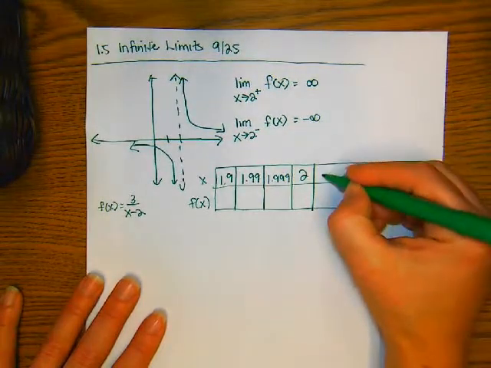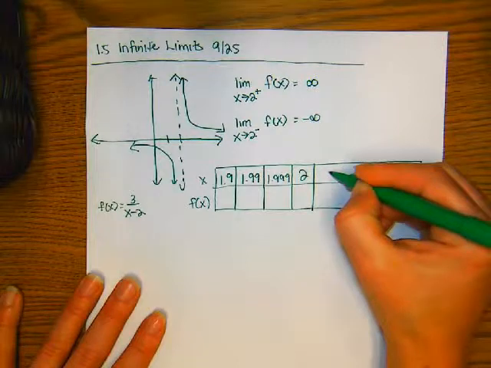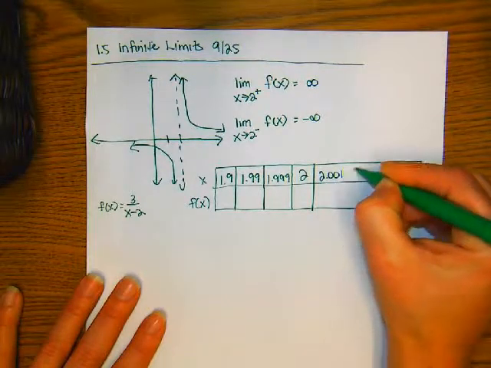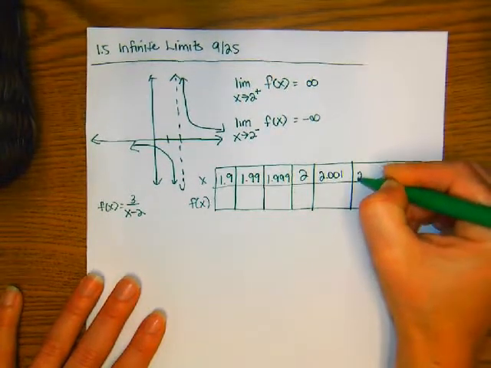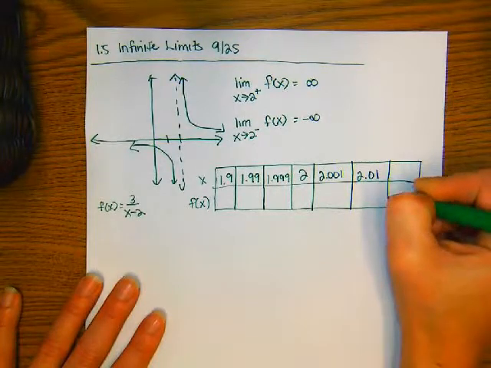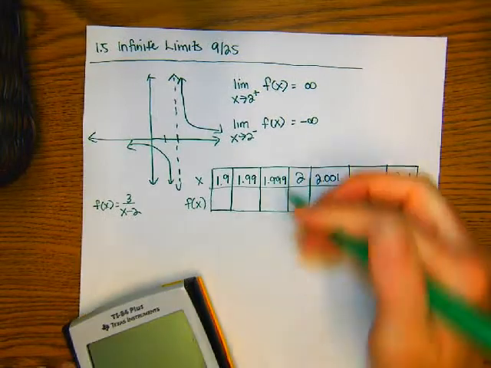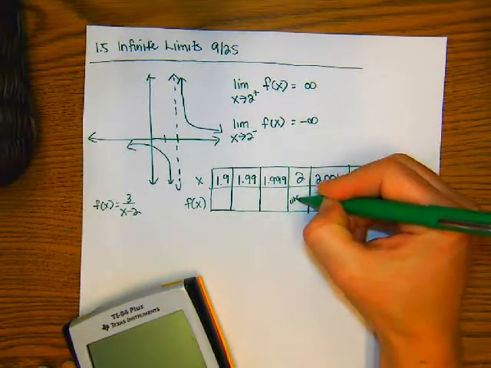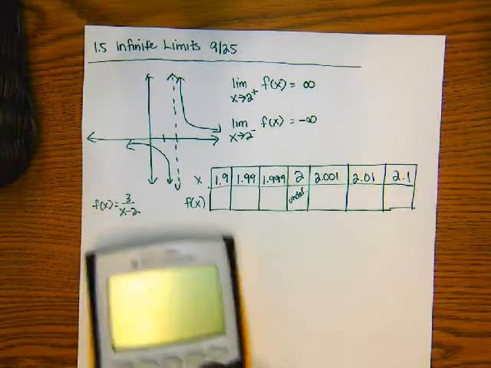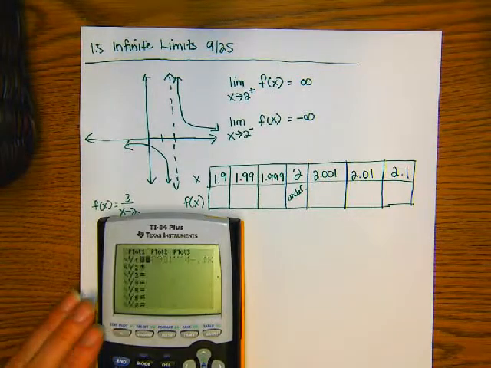Do you guys remember doing this at the beginning of the chapter? Okay. And over here we could do 2.001, 2.01, 2.1. First of all, we know that this is undefined, right? Put that there.